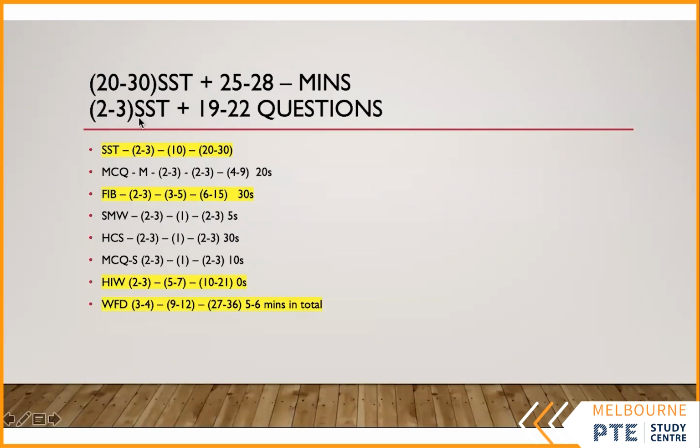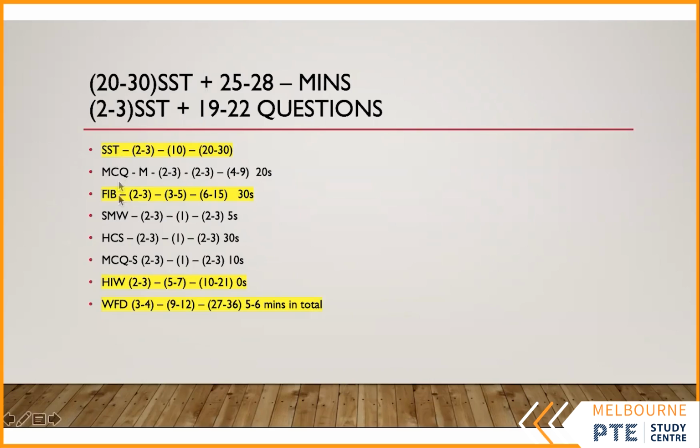You see here, 2 to 3 tasks that you get for summarized spoken text, where you'll get 20 to 30 minutes. And if you get 25 minutes, you will basically get 19 questions. When you get 28 minutes, you get 22 questions. So per question, roughly you need to spend about 90 seconds to make sure that you have managed your time properly. But sometimes some questions will be a bit lengthy.